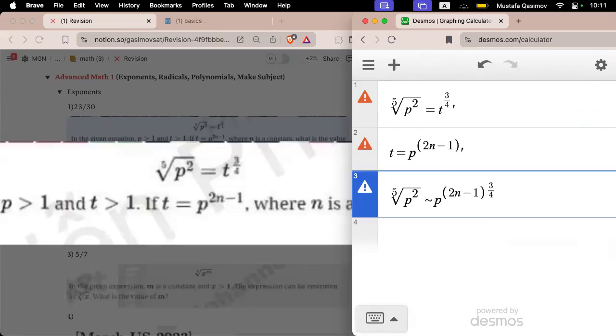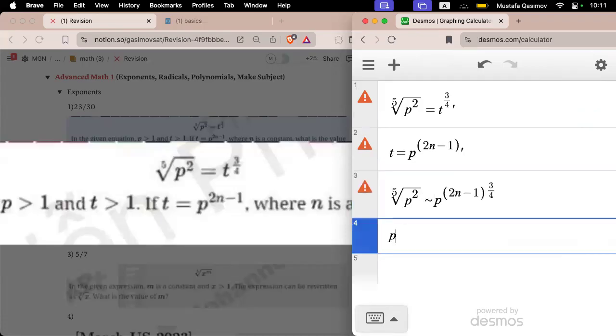You can do substitution here if you want. Let's write this expression instead of t. Okay, after doing that, you can give some value instead of p. Let's say that p is equal to, for example, 3.